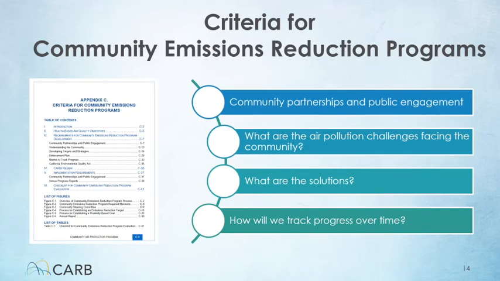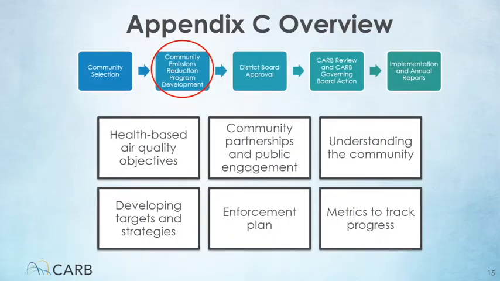AB 617 required CARB to establish criteria that would apply to community emission reduction programs across the state. The Blueprint Appendix C is where you can find all of these requirements. Most of Appendix C is focused on community emission reduction program development. There are 6 chapters which contain the requirements.